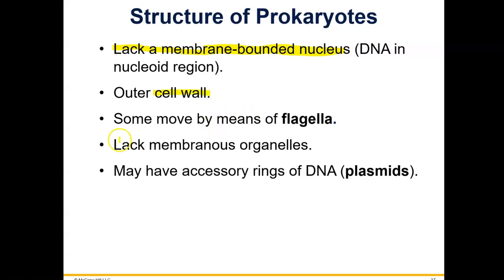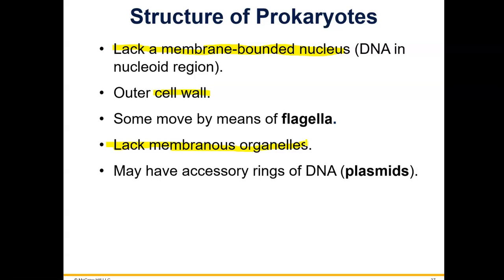Some can move and some can't. They never have membranous organelles, so they're not going to have mitochondria. They're not going to have endoplasmic reticulum. They're not going to have Golgi apparatus or vesicles or vacuoles. Anything with a membrane, they're not going to have.